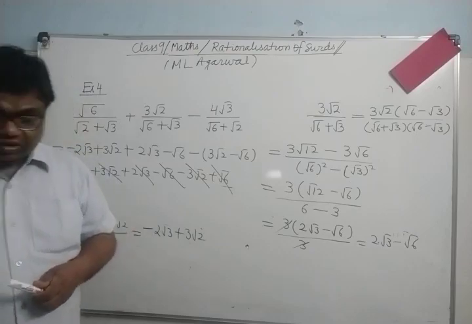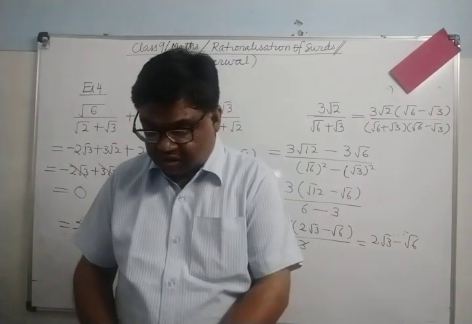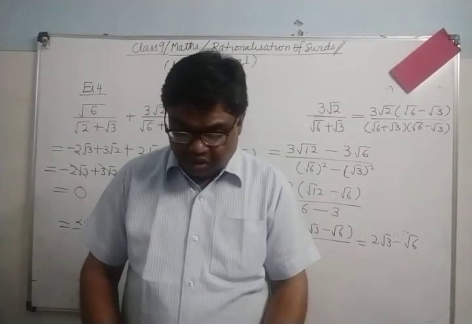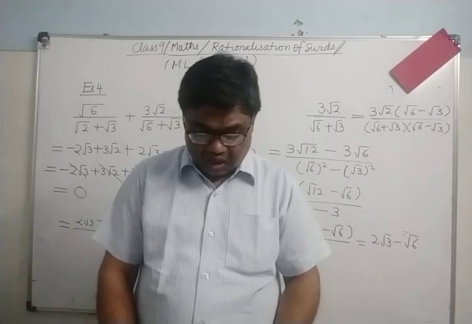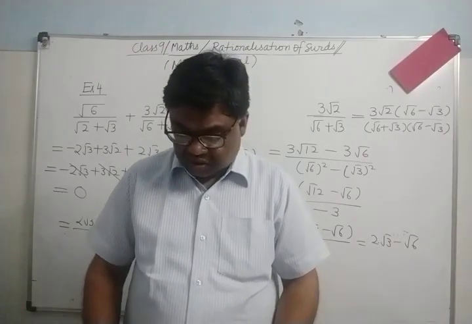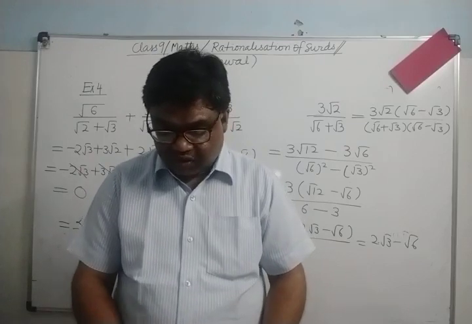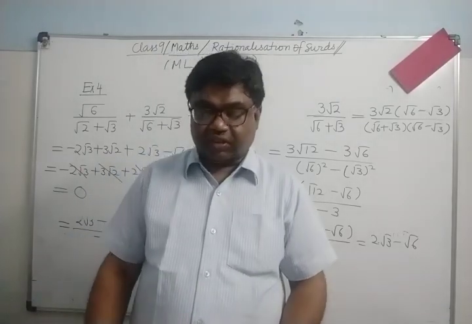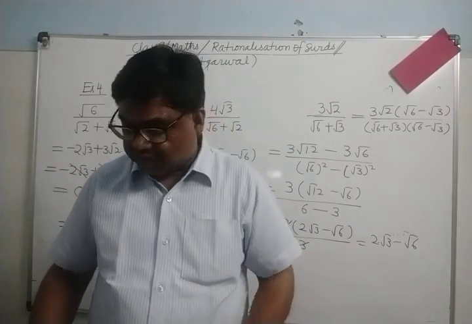So in this lecture, only up to here. Now a few more questions I will do in the other lecture. So one more lecture I will do on this exercise 1.5. So you do some questions of this.